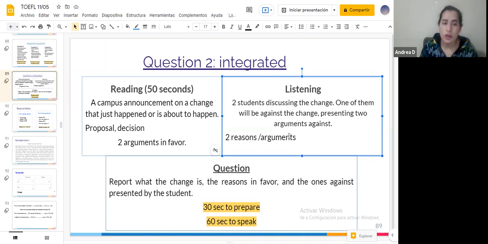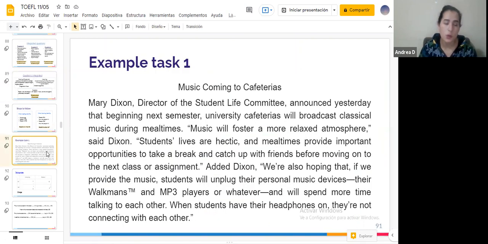Okay, so now let's talk about the content. What exactly will you be reading or listening to? Let's try to figure that out. First, what will the reading be about? In the reading, you will find a campus announcement. There's a university, X university, you don't really care about those details. What I always say is that the TOEFL is trying to see how prepared you are for life in college in the US.